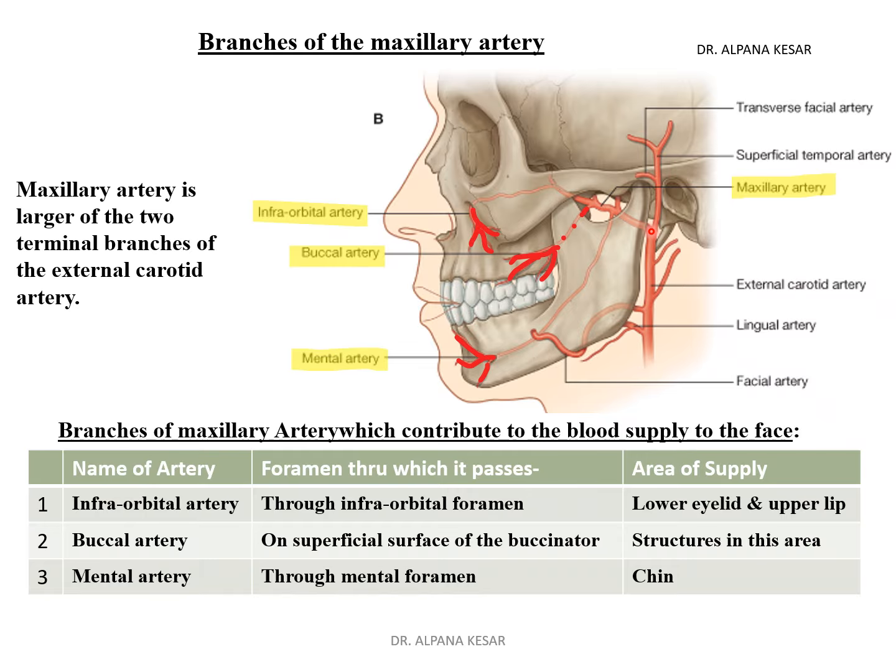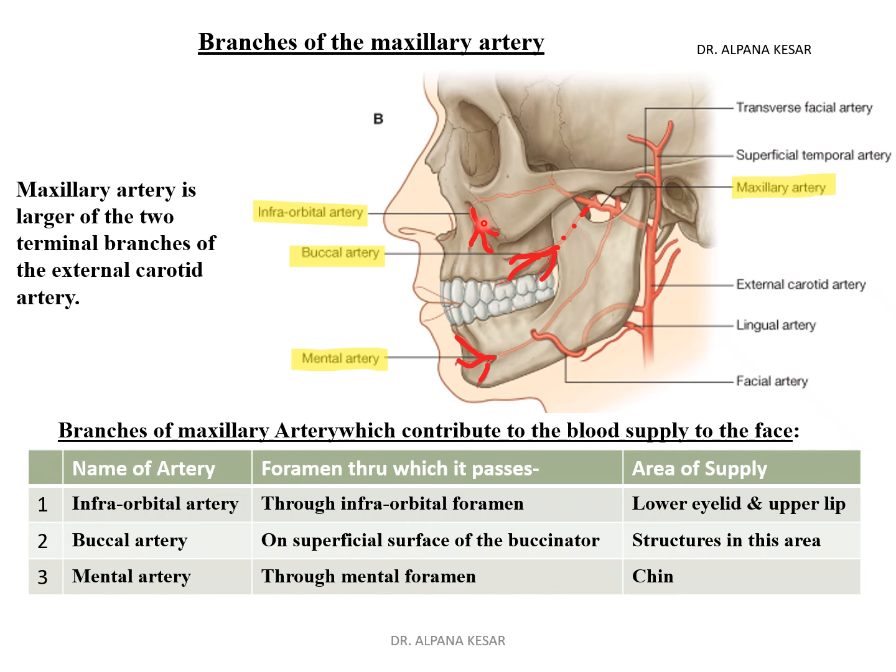Maxillary artery is the larger of the two terminal branches of the external carotid artery. Maxillary artery gives several branches. Three of the branches of maxillary artery appear on the face, and they are infraorbital, buccal artery, and mental artery.